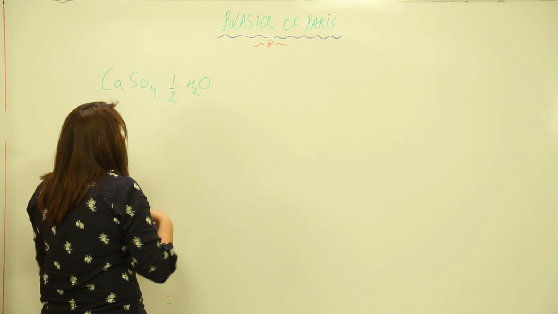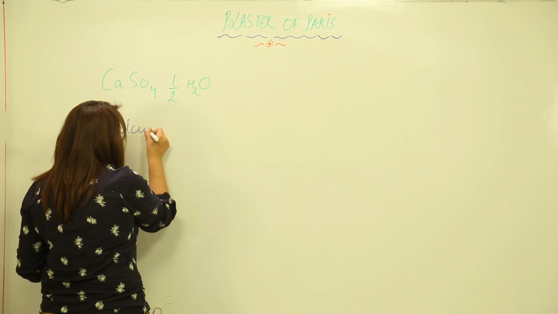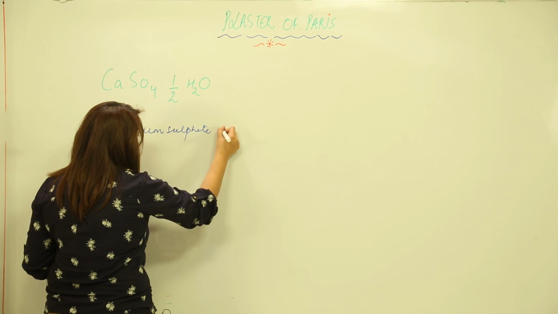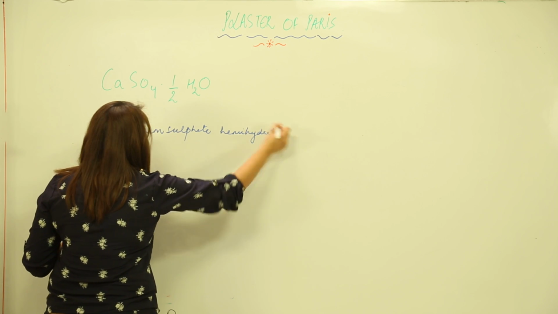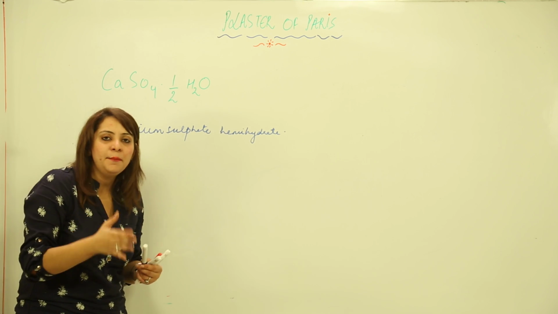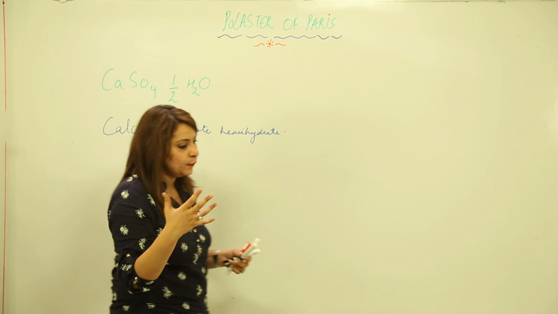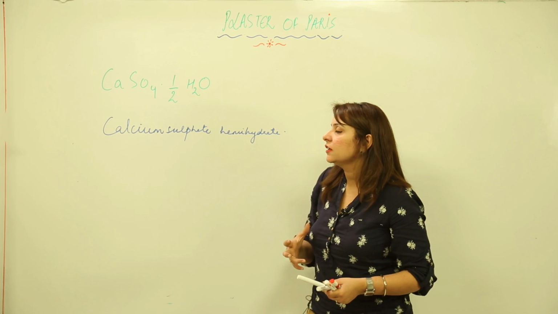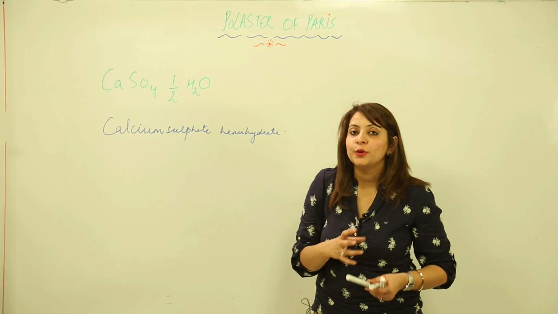Now the chemical name is calcium sulfate hemihydrate, where half is written as hemihydrate. One question I would like to discuss, because you often get it in your paper: predict the formula for POP, with options.